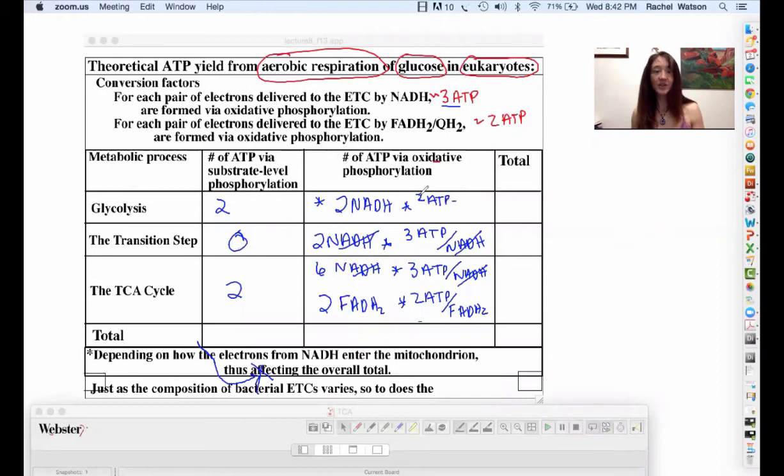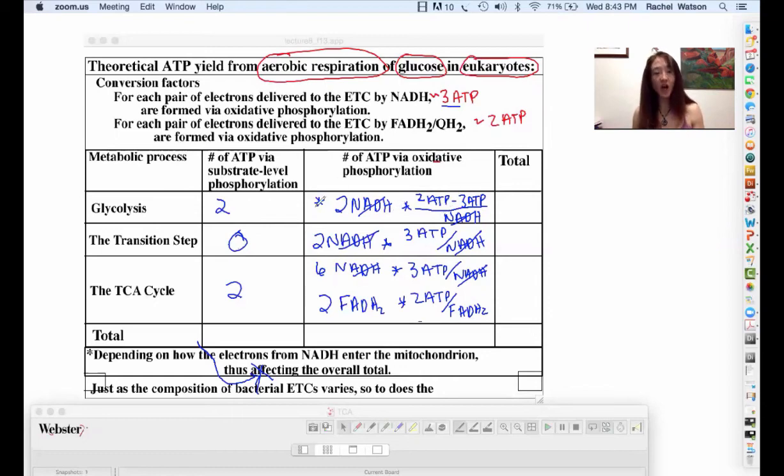But we'll say 2 to 3 to give a range, and note that it may lie in there somewhere, with 3 being an overly optimistic outlook. So we still can go ahead and write down a range here where we can do this quick conversion, where we would recognize that anywhere from 4 to 6 ATPs would be made here.